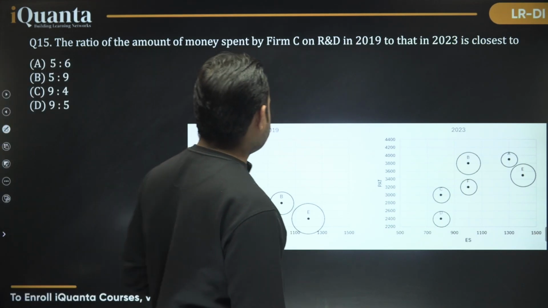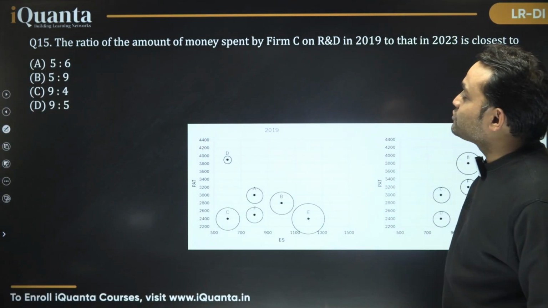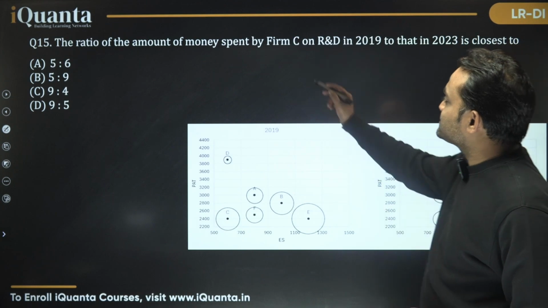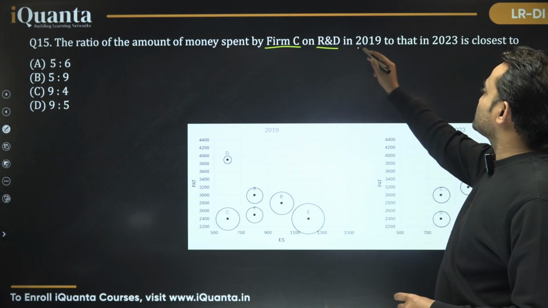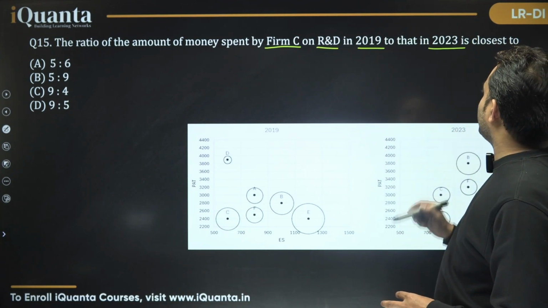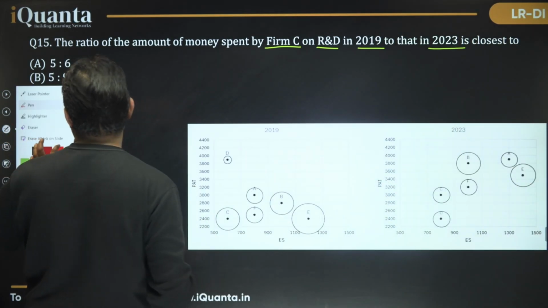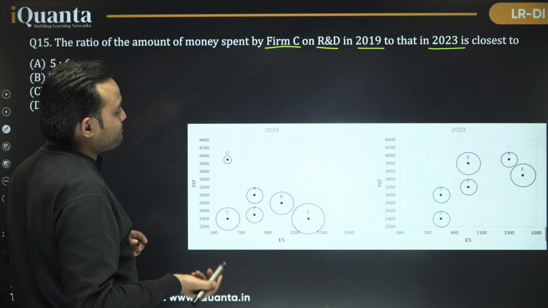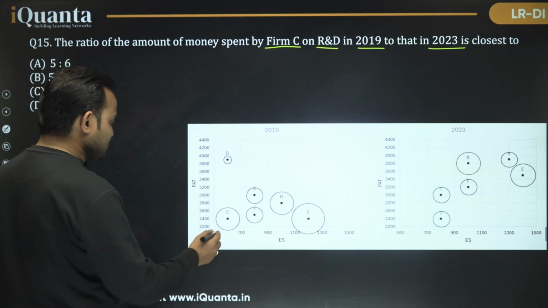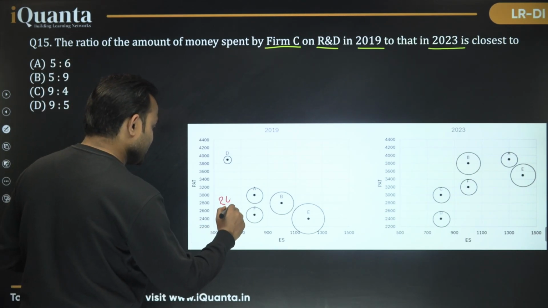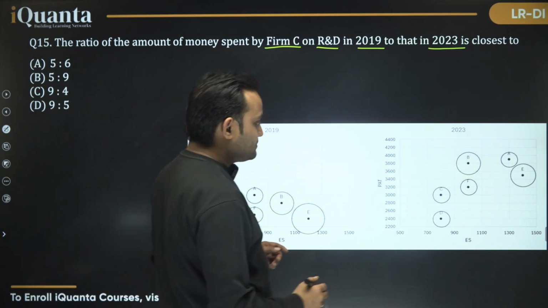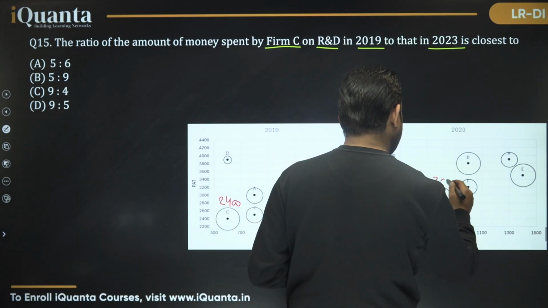Question number 15 says, the ratio of the amount of money spent by firm C on R&D in 2019 to that of 2023 is closest to which ratio? So first of all, the PAT value for firm C is 2400 here and 3000 here.